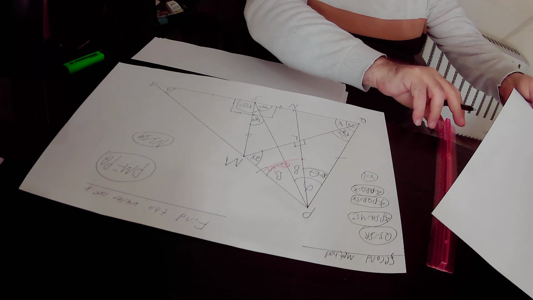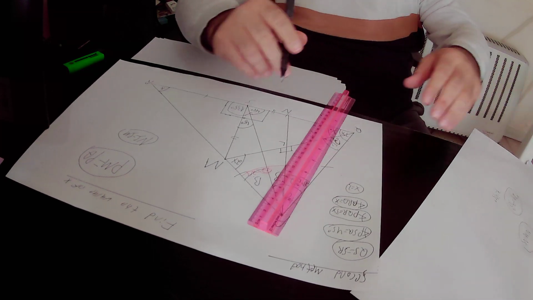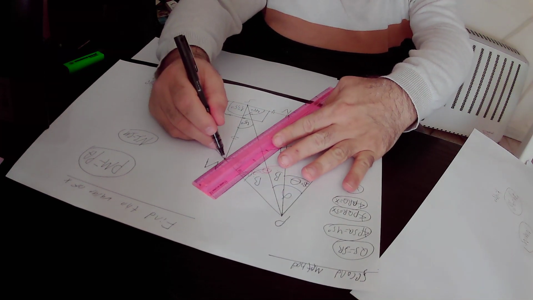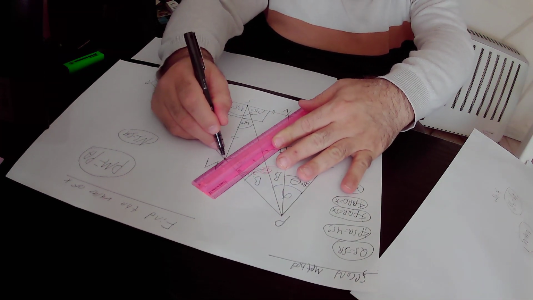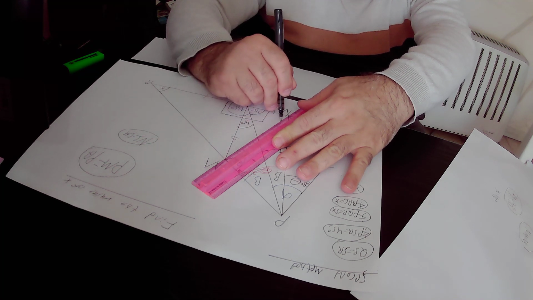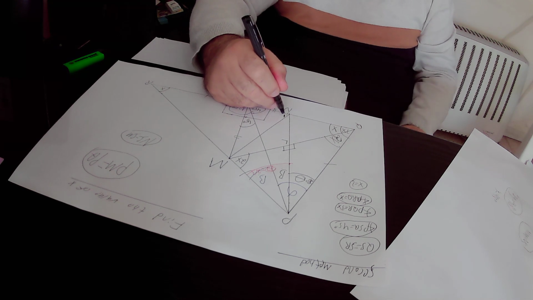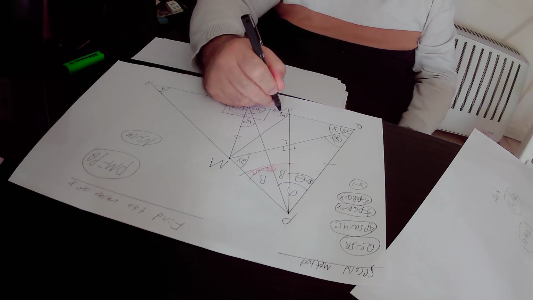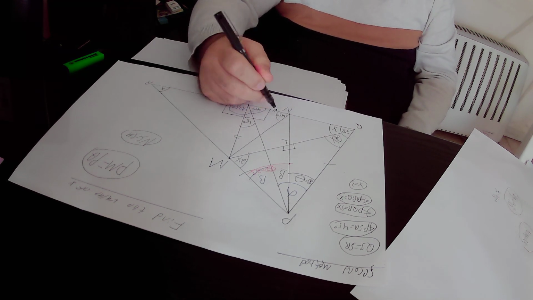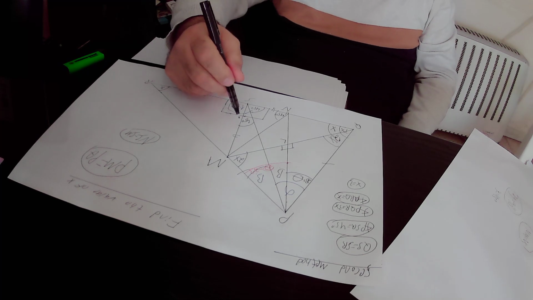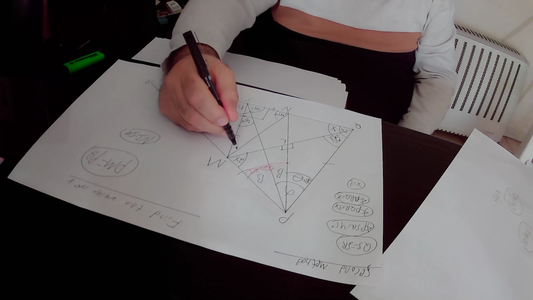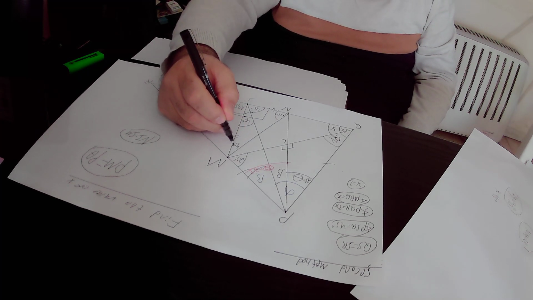So we'll join points M and N together by a straight line. We found that angle MNS equals 45 degrees, and angle SMN also equals 45 degrees.